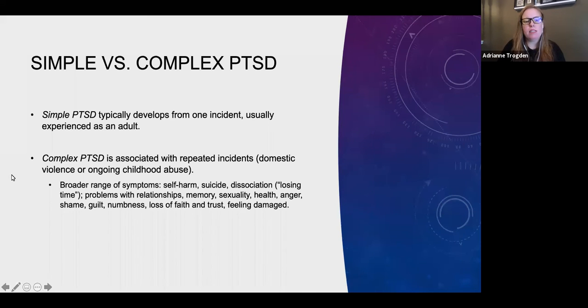So something like domestic violence or ongoing childhood abuse that's happened regularly or consistently over time creates a broader range of symptoms for an individual.